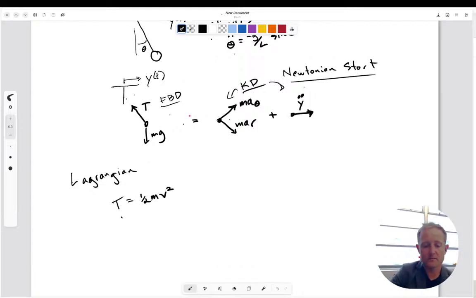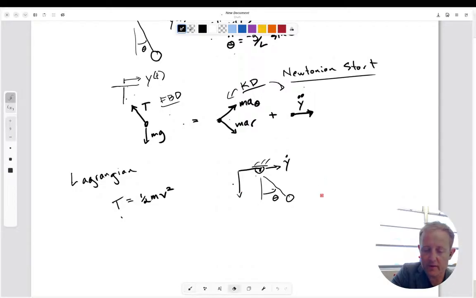y of t. So let's look at our reference and say this is my y dot. This is my theta. So my x position, if I want to say, like, where is this thing, I'll call it x. All this is like our current y position.